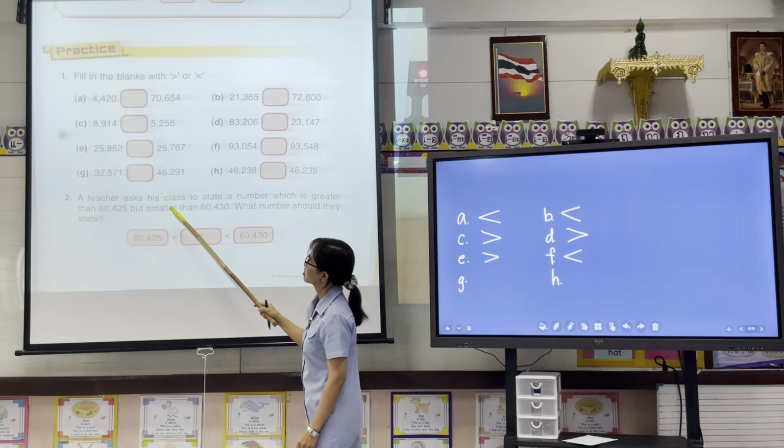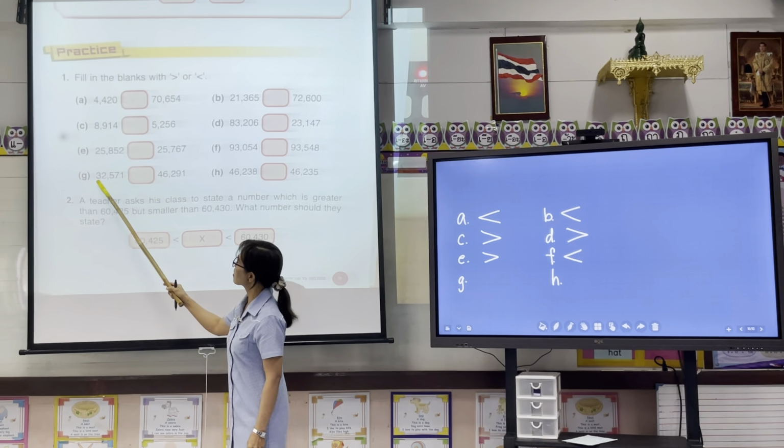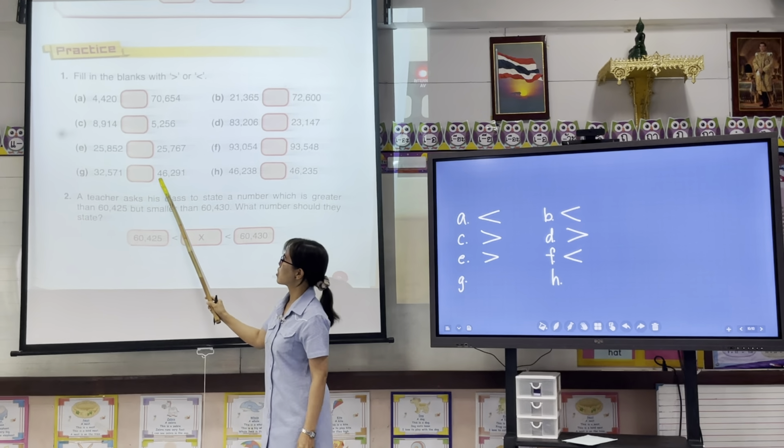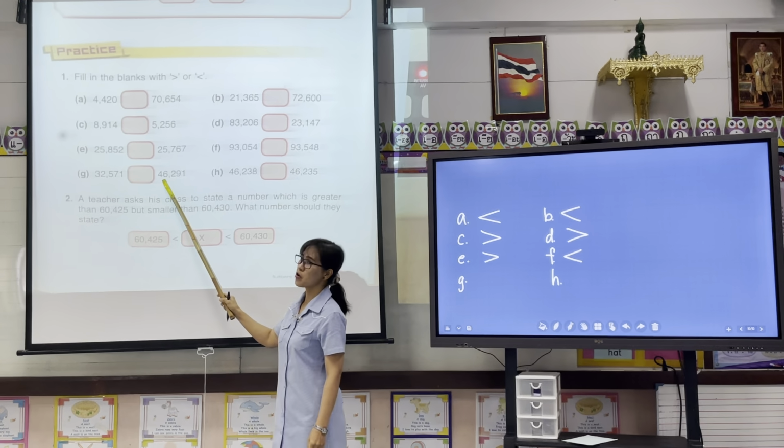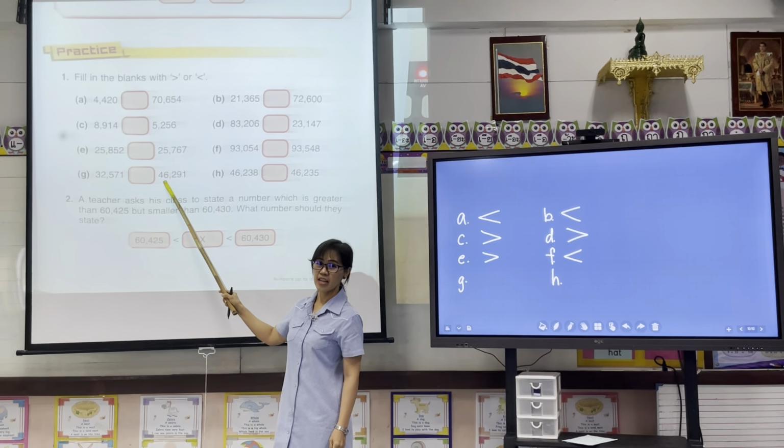Letter G. Okay, you compare 3 and 4. 3 is smaller. So in letter G, the sign is smaller than.